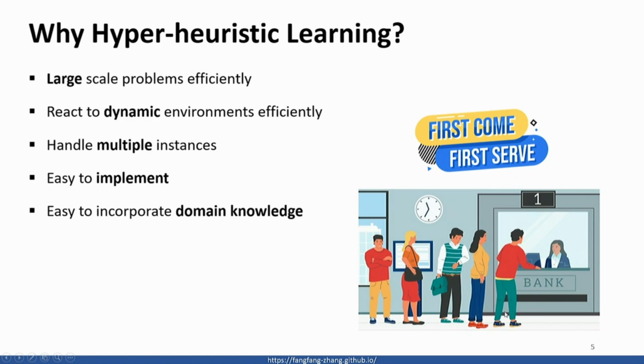For example, you can look at this guy looking at his watch, probably in a hurry, he probably just goes somewhere. It will not affect your solution. Also, with rules, we can handle multiple instances. You can use them in bank A and also in bank B, right? And rules are easy for people to understand and easy to implement.